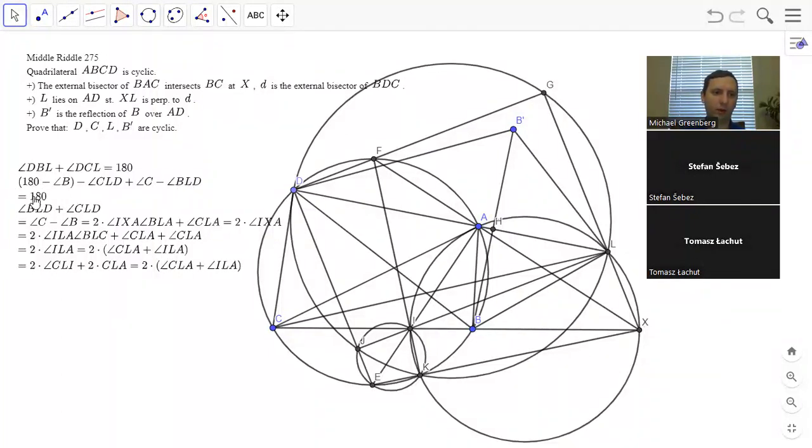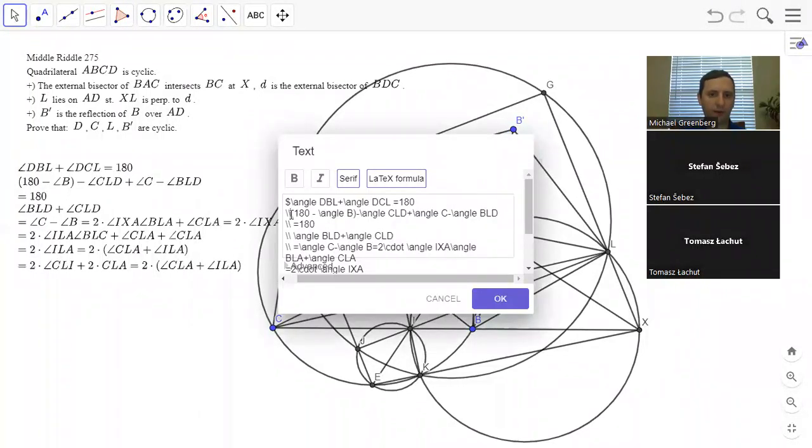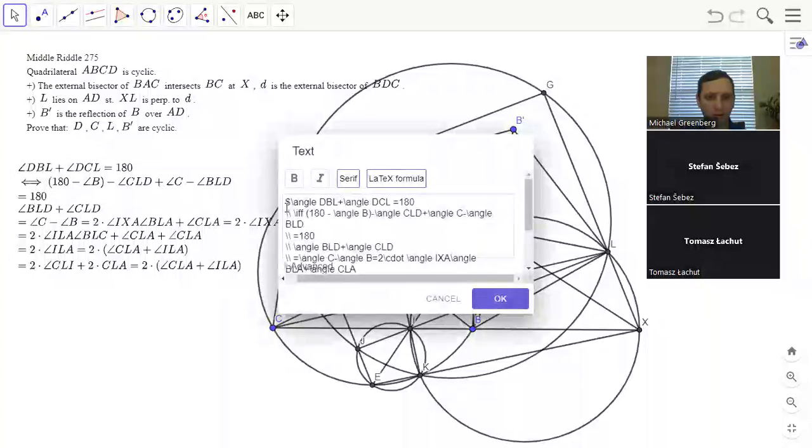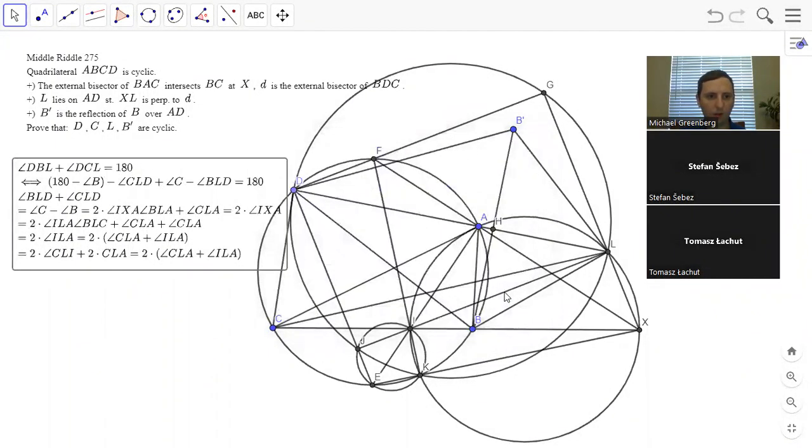So are you saying this first one is kind of obvious? Oh, you rewrote this up here. Is that kind of what you tried to do? Yeah. Okay, so it's kind of like an if and only if. That's what you're saying, right? Yeah. Also, that 180 should be in that line. Okay, so you're rewriting this.